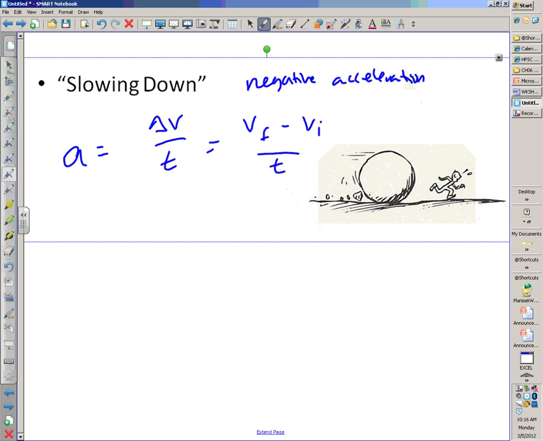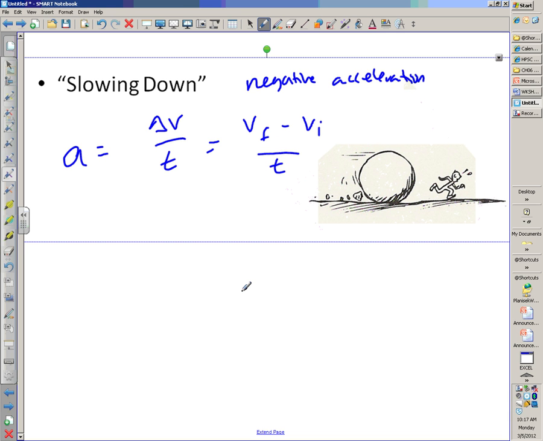It's just not really a word, all right? Slowing down is negative acceleration, a lot of times. That means that in the case of speeding up, what would we see about V final minus V initial? V final is bigger than V initial if we're speeding up, so that means positive acceleration.